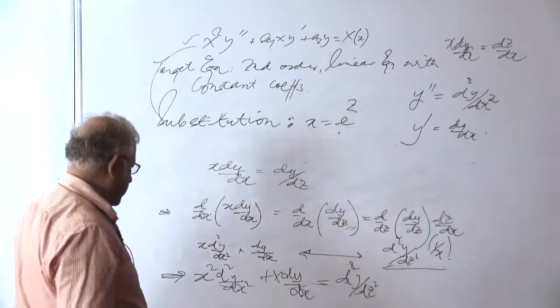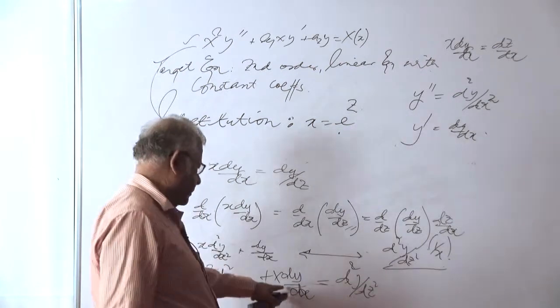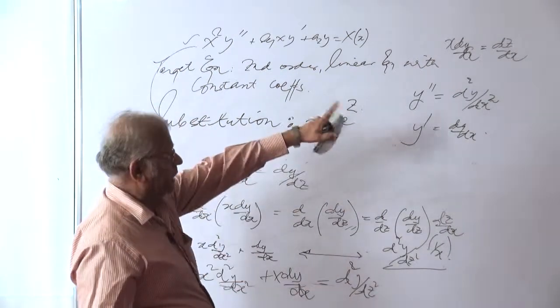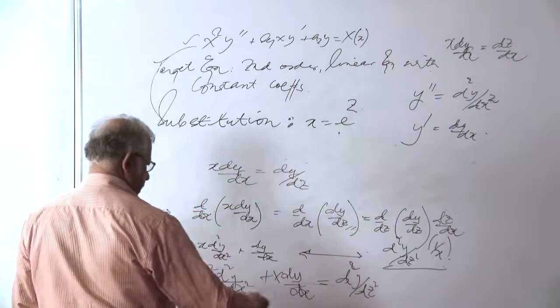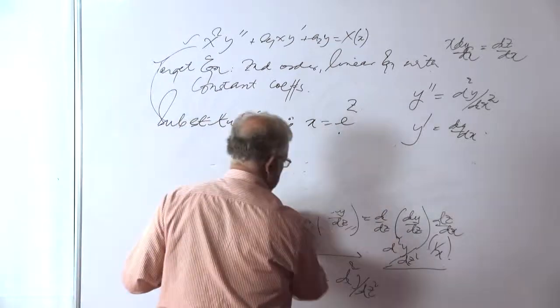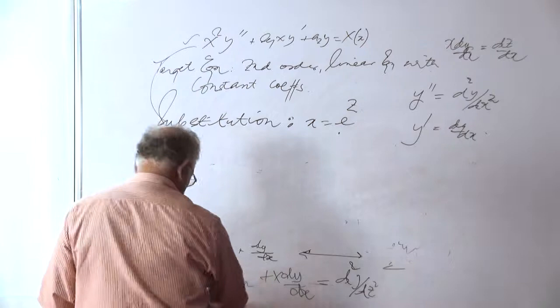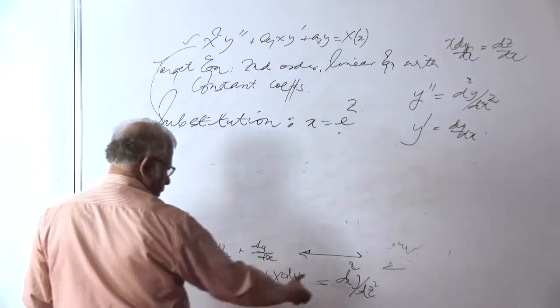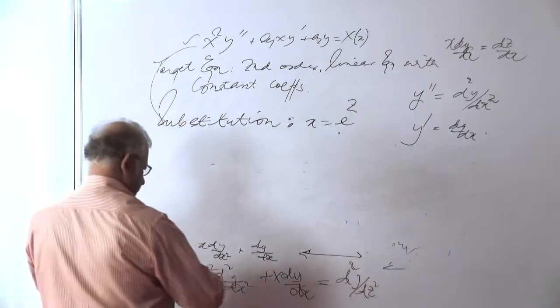In other words, we know x dy dx is equal to dy dz. Fine. So we change this equation as follows. We write it in a different way: x square d2y dx2 is d2y dz2 minus x dy dx.